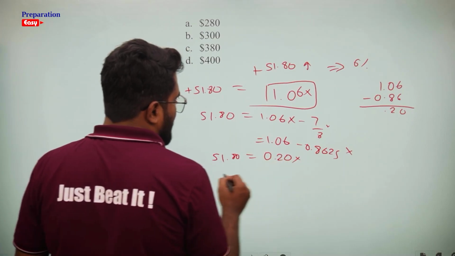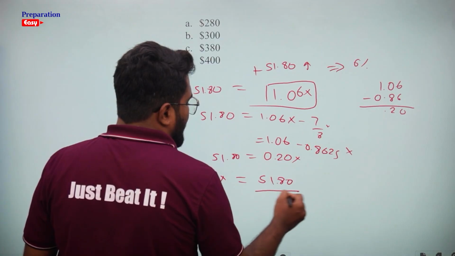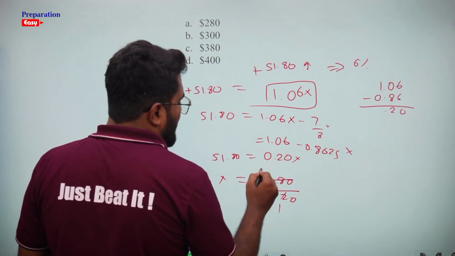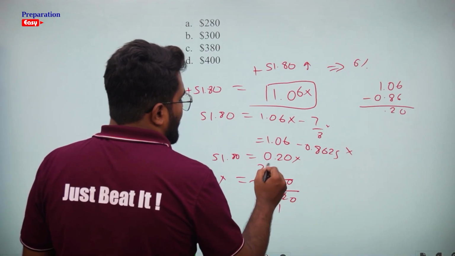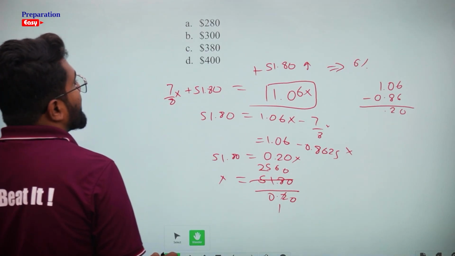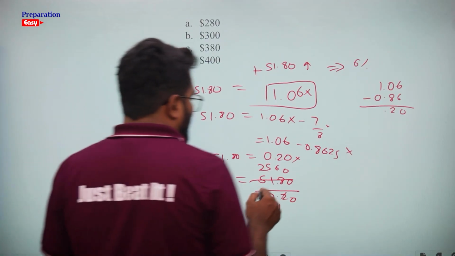So x would be equal to 51.80 divided by 0.20. Just a second.